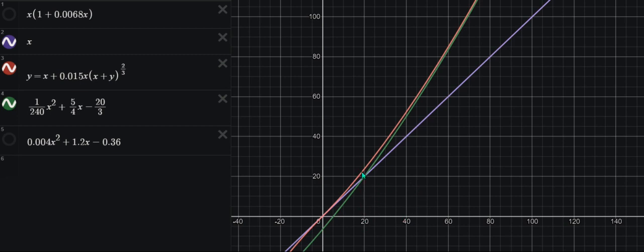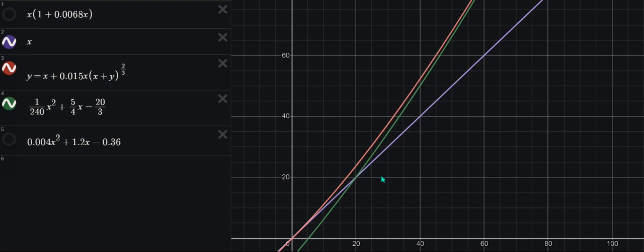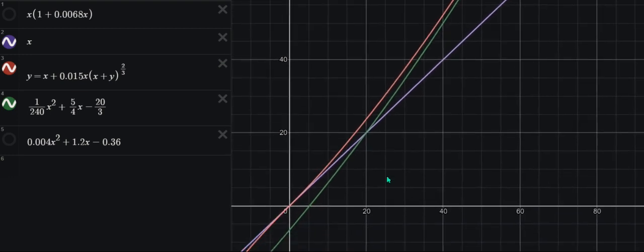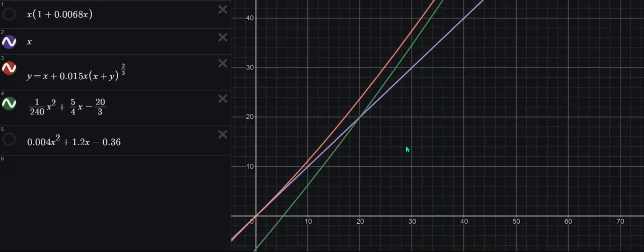Those were the roots that I chose. So at 20, the y value will be, this is the green graph that we are talking about, exactly 20. That's because I chose that as one of the points that our quadratic will pass through.